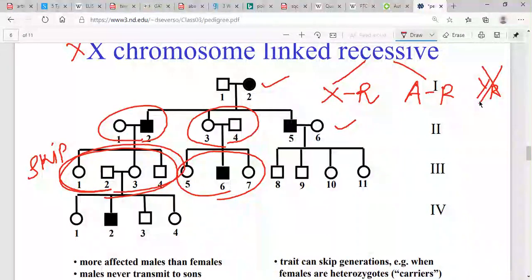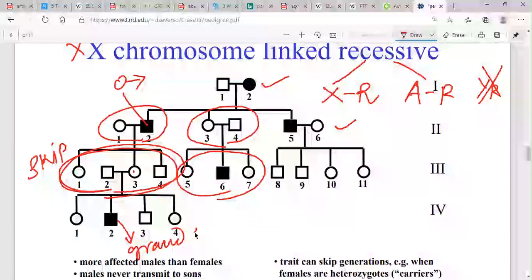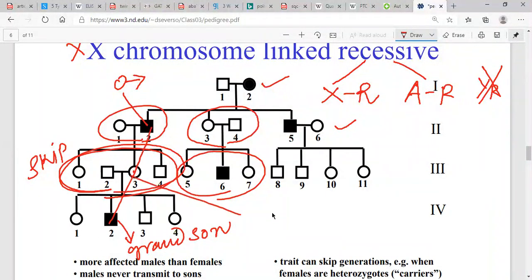Next, we shall search for crisscross inheritance. Only one criterion I will take. So you can see here the male is affected and the female, his daughter, is the carrier. So the gene transmission is from the male parent to his grandson through his daughter. That is the mode of crisscross inheritance.